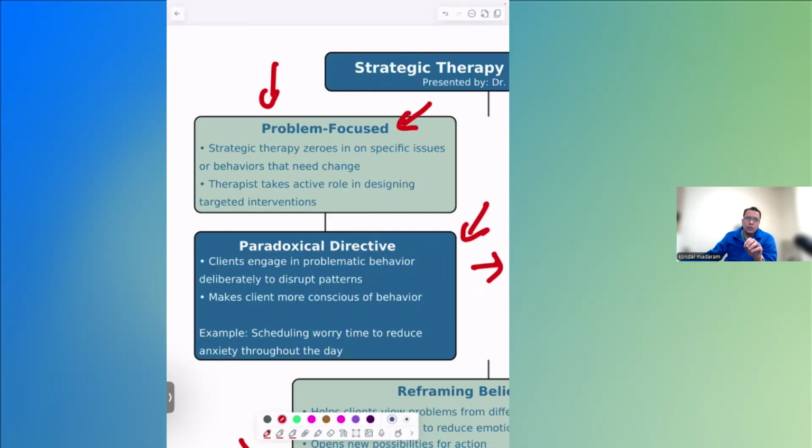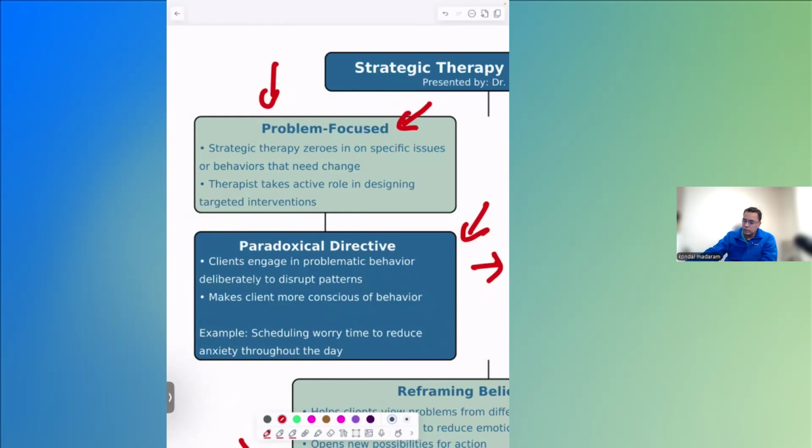Instead of exploring why the procrastination exists from a deep rooted perspective, the therapist is designing steps such as creating a time management plan and introducing accountability measures to tackle the problem. So you're creating solutions or strategies. Now, this improves the immediate functionality and paves the way for long-term success.